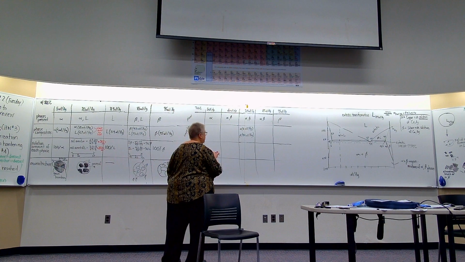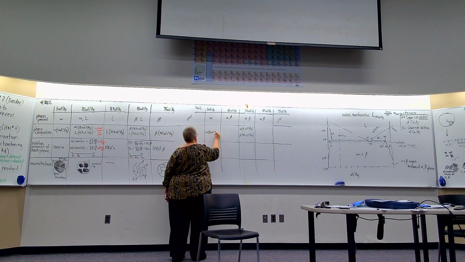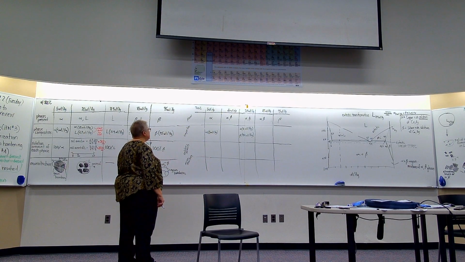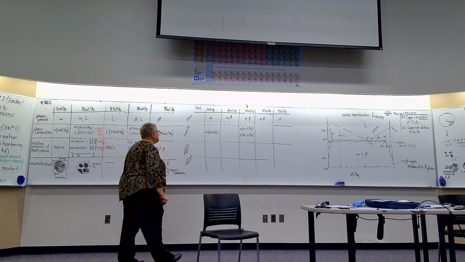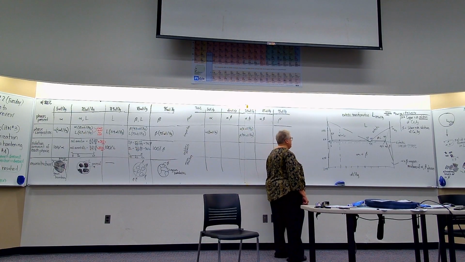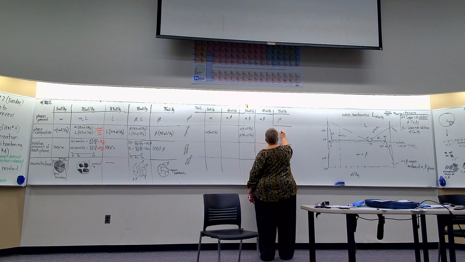When I'm down here at 5 weight percent silver, I just have alpha, and alpha has the same as the overall composition, which was 5 weight percent silver. And if I'm at 95 weight percent overall, then this beta has 95 weight percent silver, same as the overall.